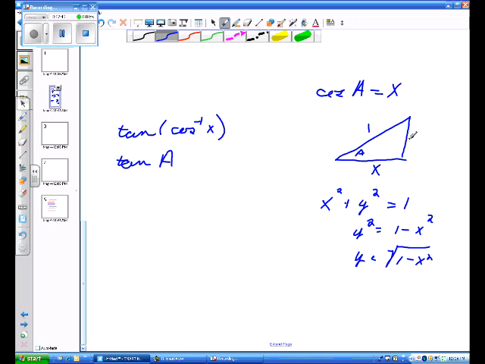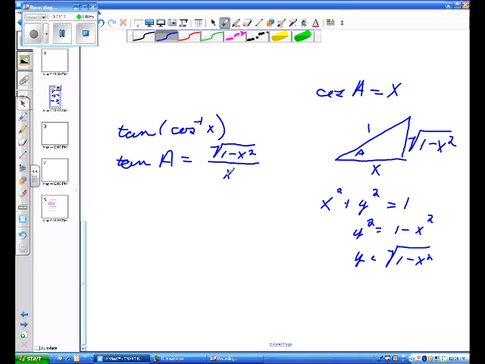And we're going to take the principal root. So the tangent now is the opposite over the adjacent. So the tangent of that angle would be the square root of 1 minus x squared over x. And we can deal then with our arc functions.